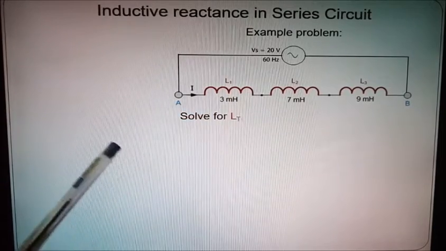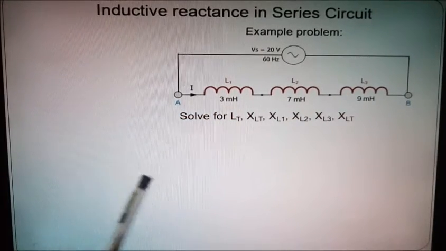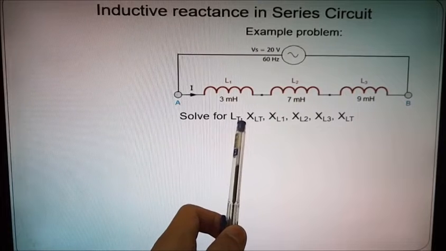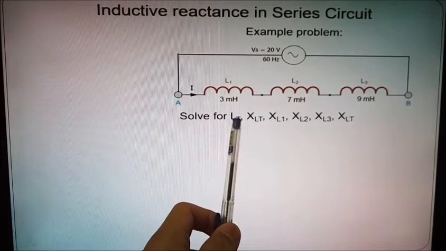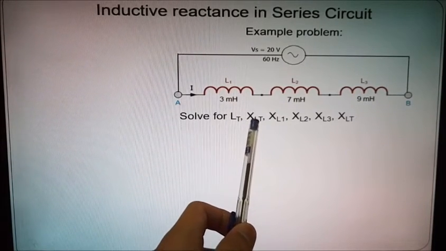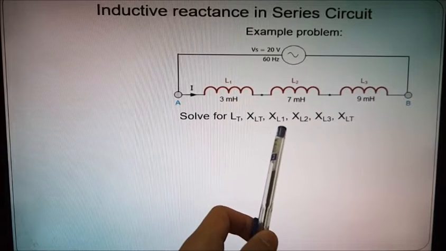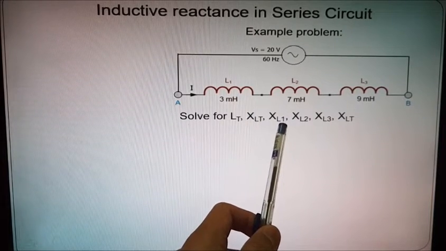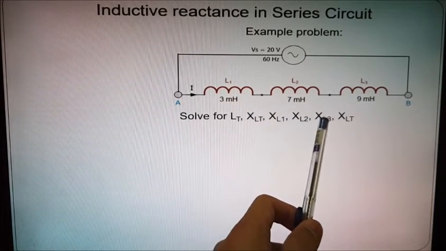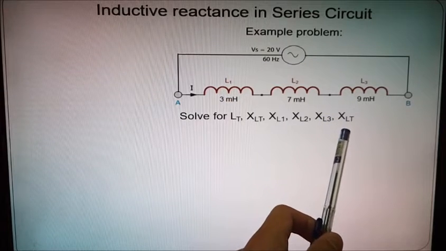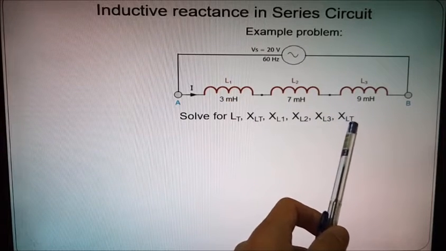The problem is to solve for the total inductance, the total inductive reactance, XL1, XL2, XL3, and XLT.